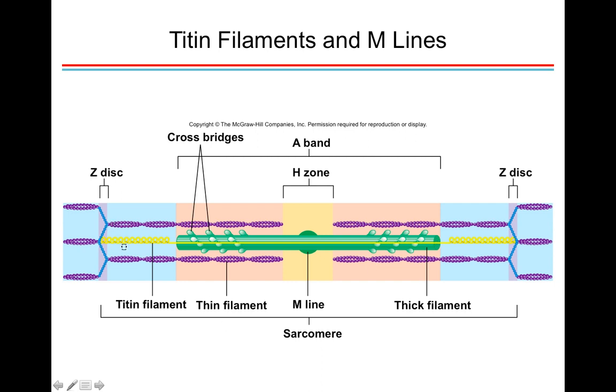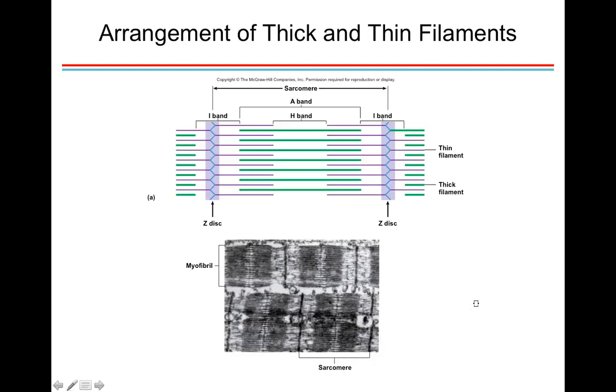And then the region where there's only actin without myosin is called the I band. So here's the I band, the region with actin alone, and then we have the A band, which is the area with actin and myosin, actin shown in purple, myosin shown in green, and the H band, which is the myosin alone.